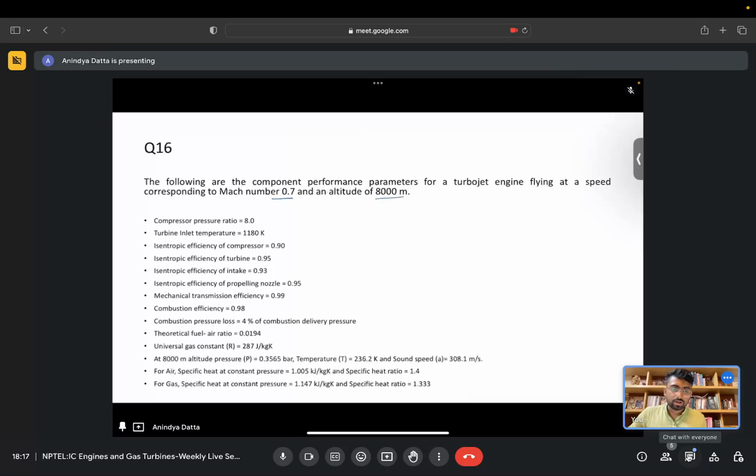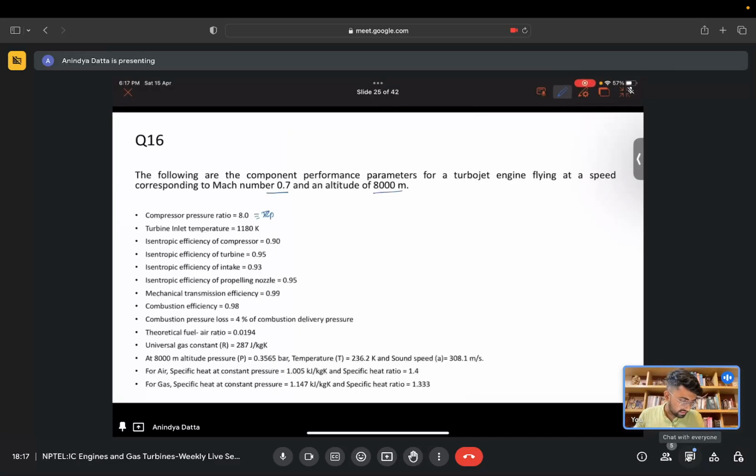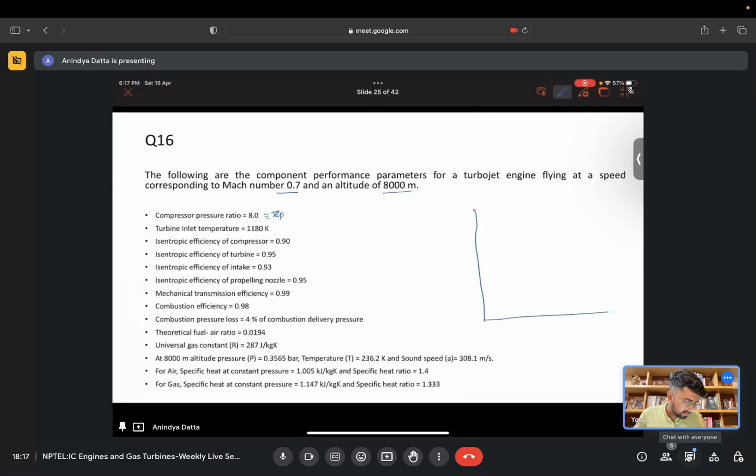First given is the compressor pressure ratio, which is the pressure rise across the compressor: the pressure at the exit of the compressor divided by the pressure at the inlet of the compressor. So this is Rp. Then we have the turbine inlet temperature. First let's draw the TS diagram.